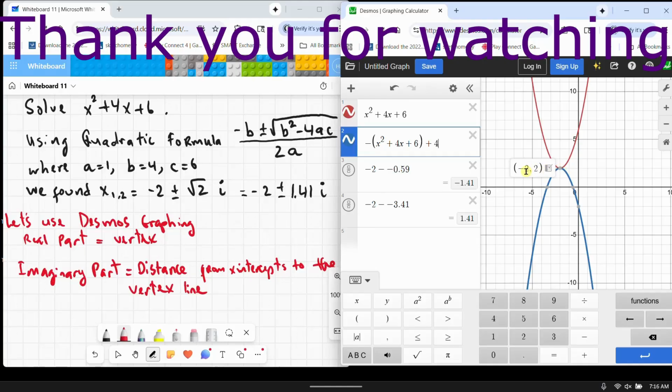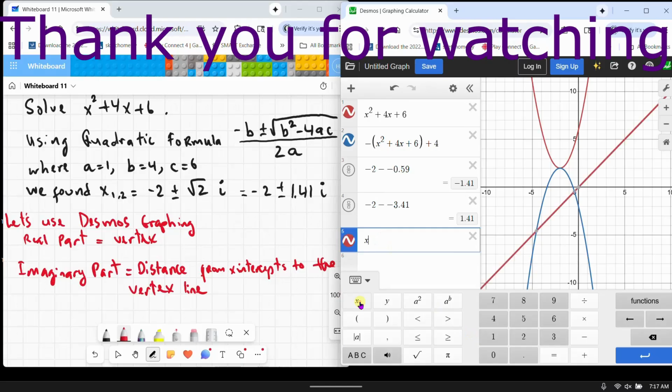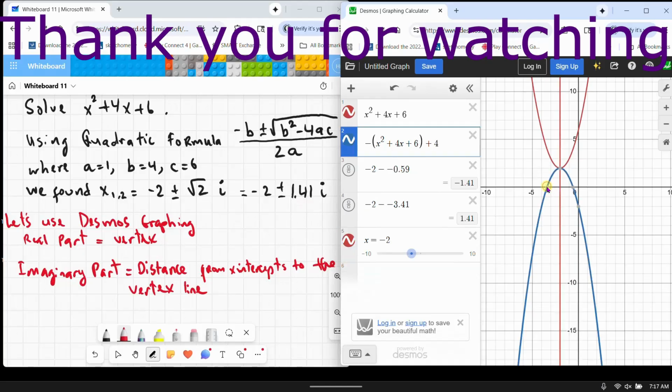Again, you want to use the values of x. So if you want to see better, you can draw the line x equals negative 2. You're going to see this straight line go straight down at x equals negative 2. And now, how do we find the imaginary part? What you do is you want to subtract the x-intercepts.